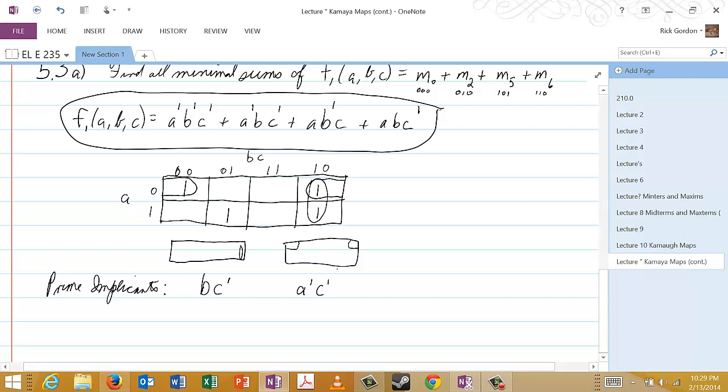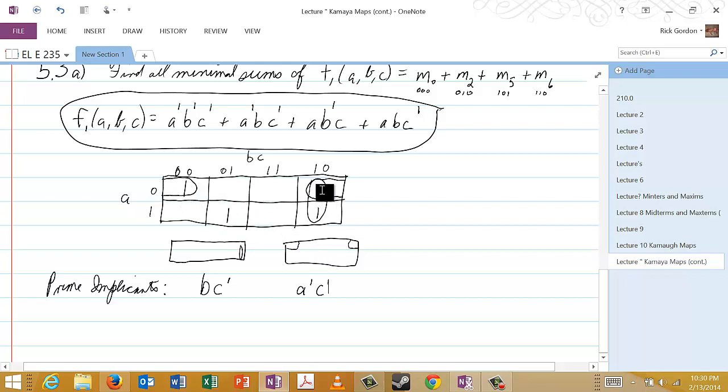Now, we look to see one last time, are there any other prime implicants with two one cells? And the answer is no. So now we move down to prime implicants with one cell, and now we can't include anything that is entirely contained within a pre-existing prime implicant. For instance, here is a single one cell, but it is already contained within A prime C prime, so we can't count it.